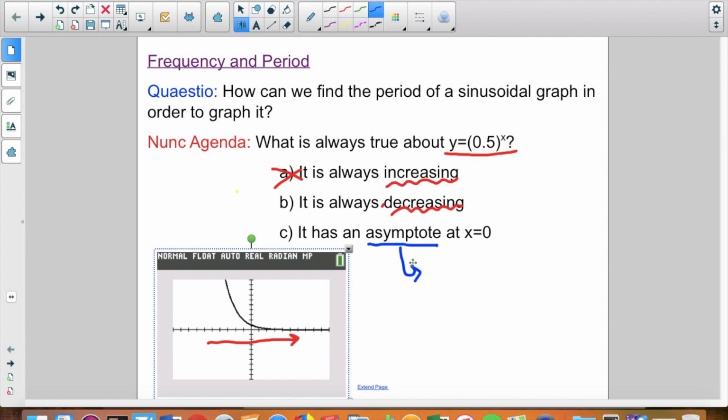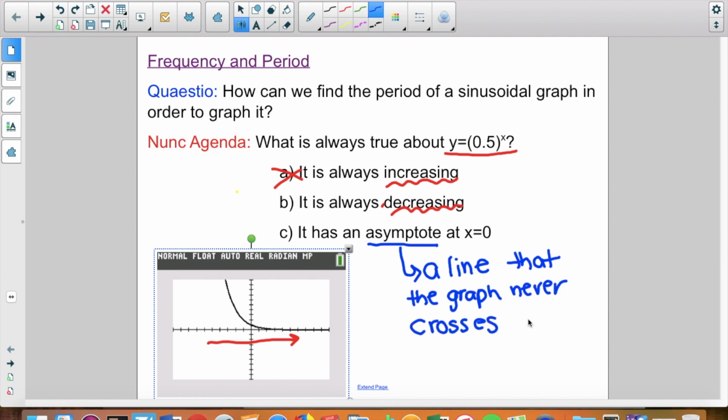Now, an asymptote, in case you forgot, is a line that the graph never crosses.